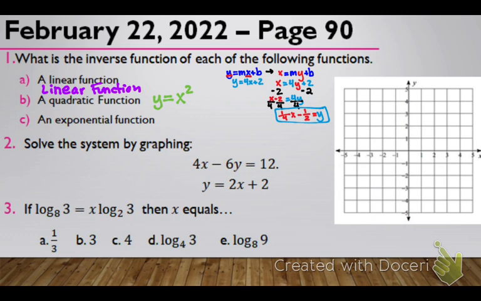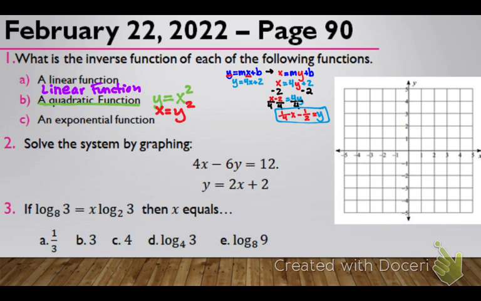That is a quadratic function. And I want to find the inverse function of that. So what did we say our first step was? Flip x and y. Exactly. So I could rewrite that as x equals y squared. I just flipped x and y.